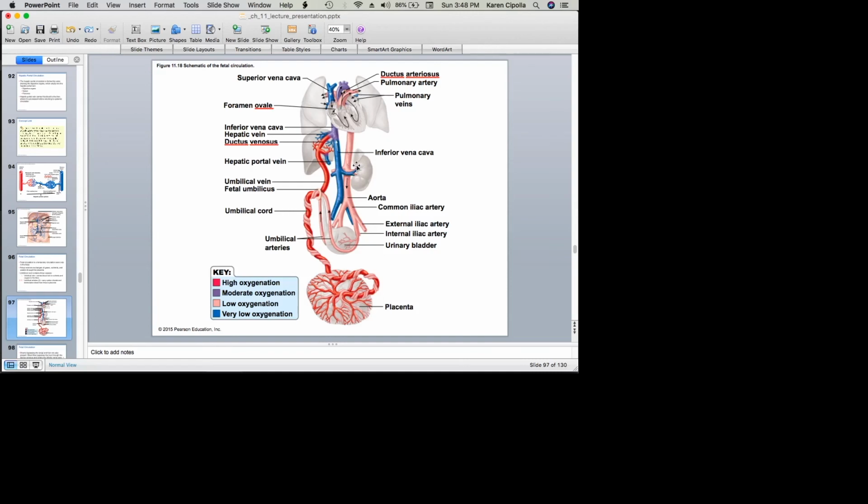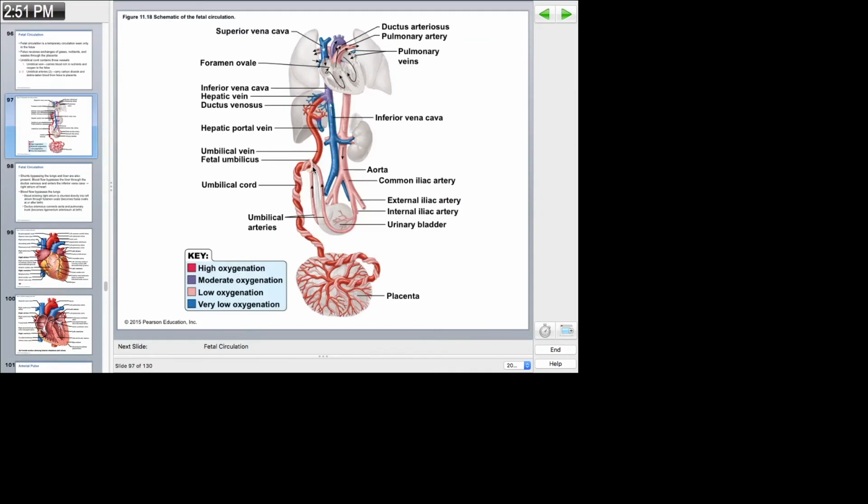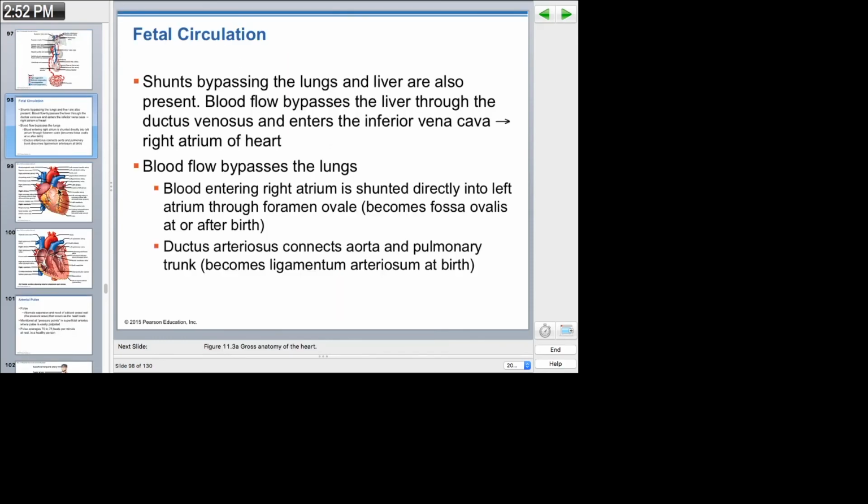And then on the way back, with the aorta, through the internal iliac artery, blood is diverted into the umbilical arteries to go back into the placenta. Once the umbilical cord is cut, this then shuts down, and all of these then recirculate. There are shunts that close down and allow the lungs and the liver of the baby to start working.